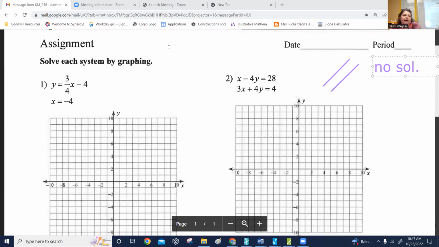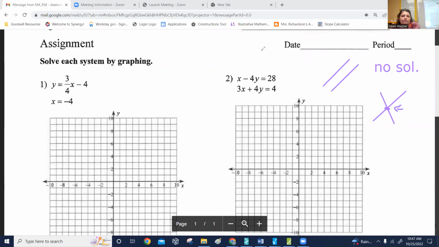And then when I have 2 of them that do cross, right, and the solution is the point that they actually cross at. This is the solution right here.